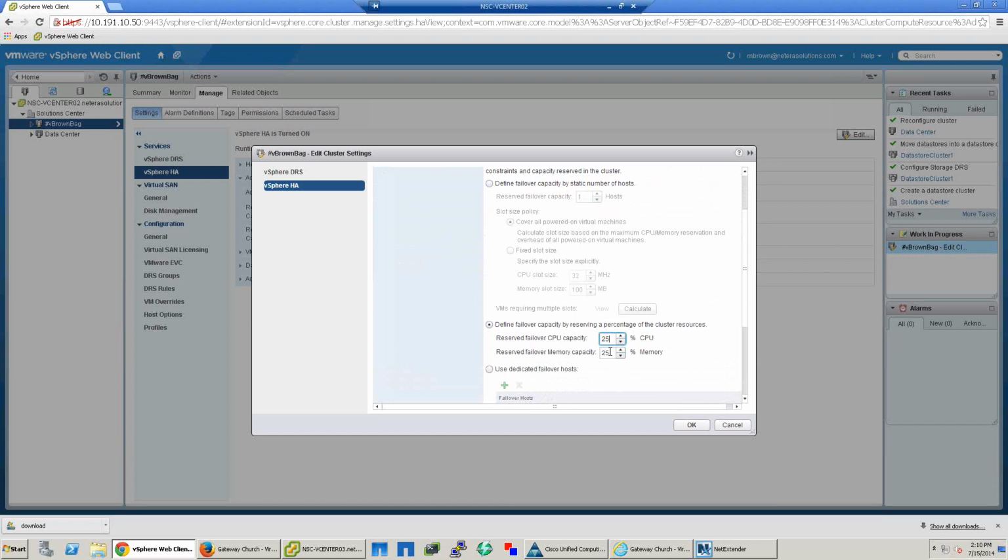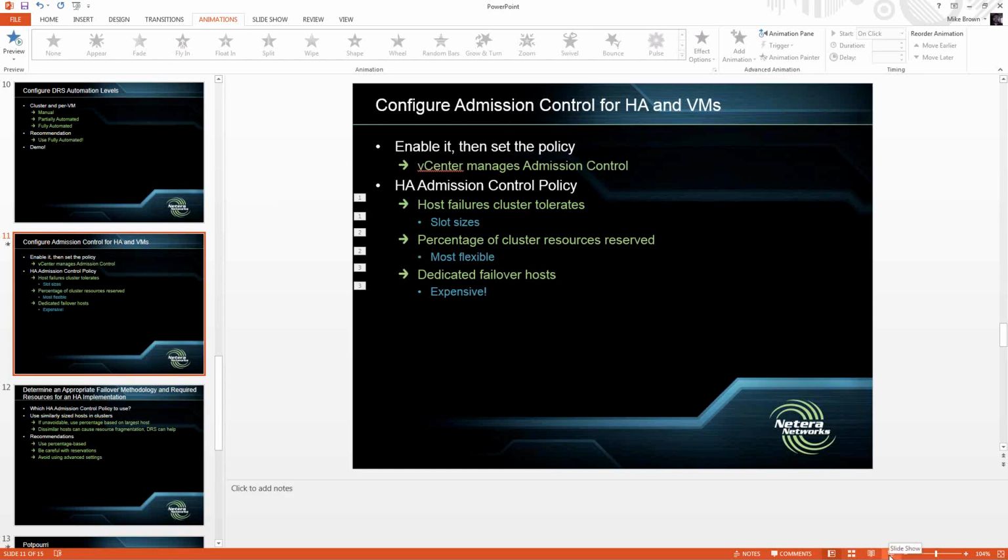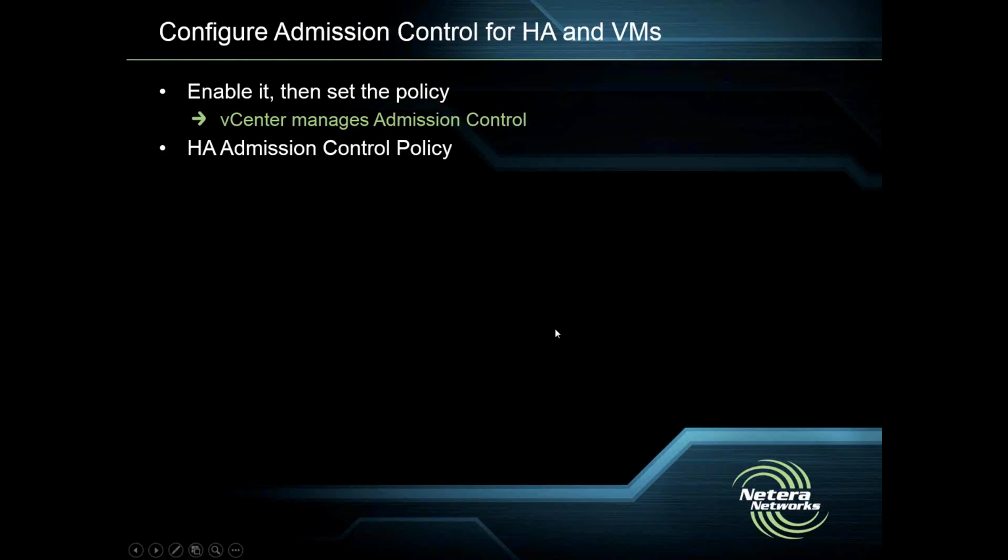This can cause issues when HA restarts VMs. DRS would have to work with it if these hosts are dissimilarly sized. DRS might have to move some virtual machines around in order to restart all those virtual machines, because the hosts were not sized similarly, and there may not be enough resources available to restart those VMs.